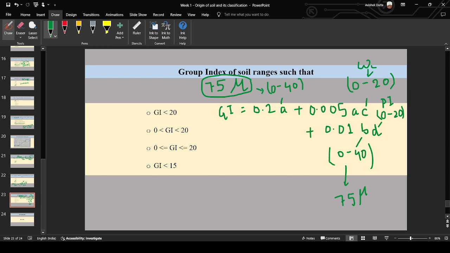Now, if we put the minimum, that is 0, in all these variables, the group index will be 0. And if we put the maximum, that is 40, 40, 20 and 20 in A, B, C and D respectively, the group index value will be 20.